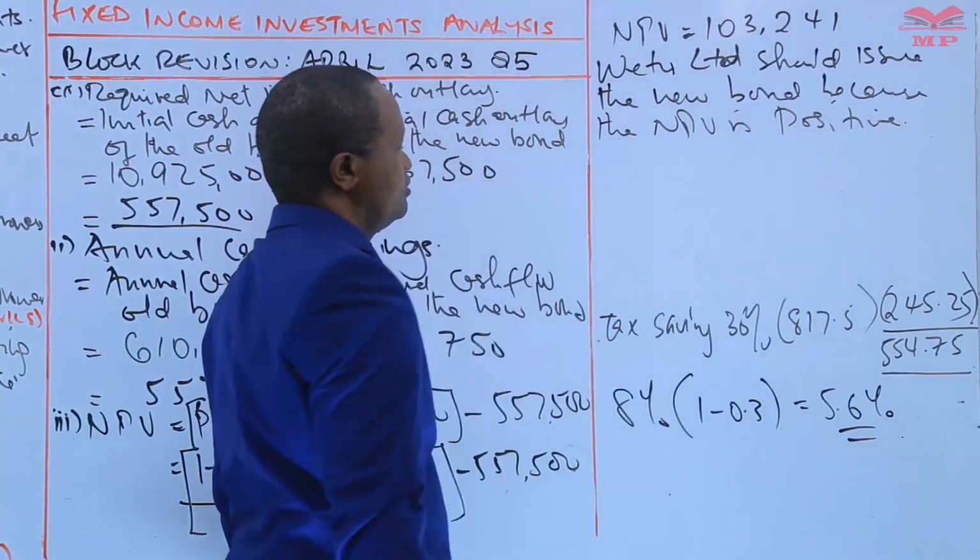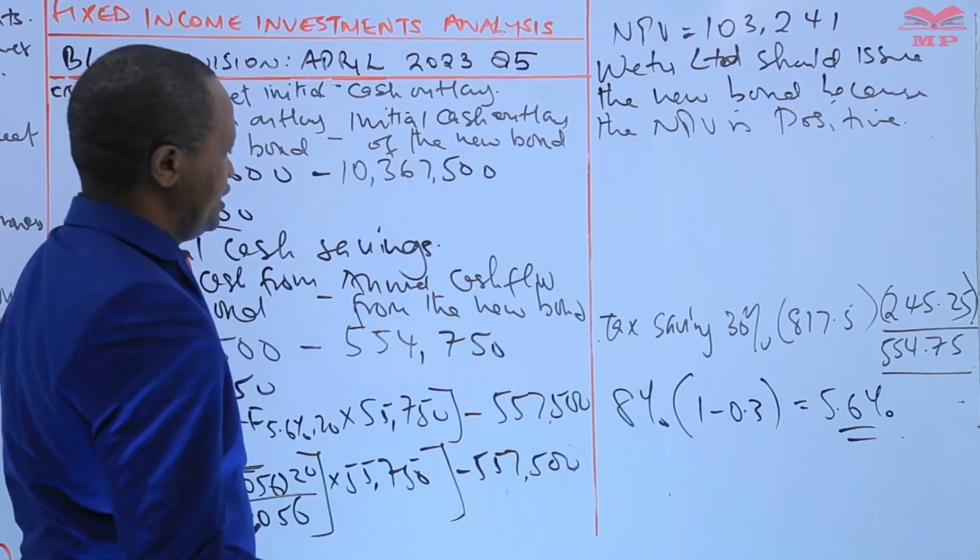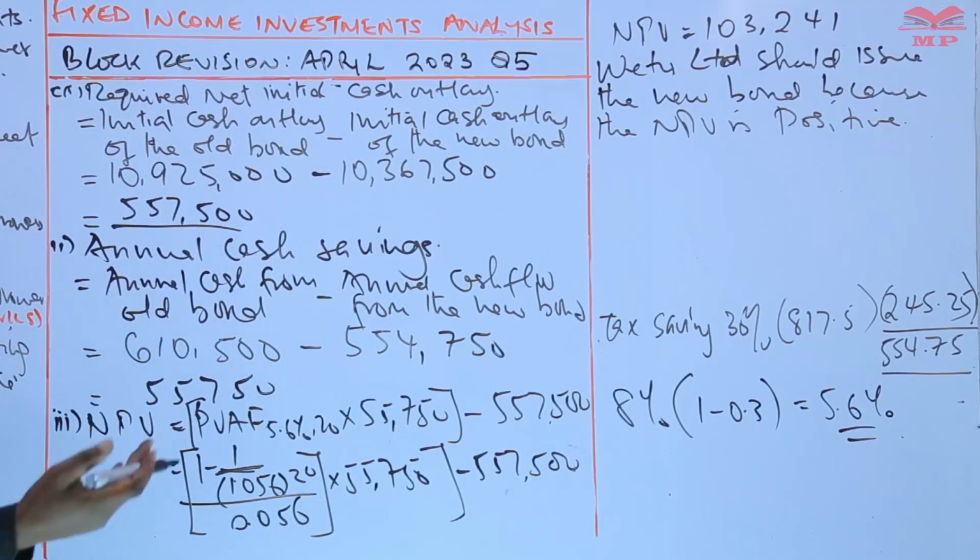We are asked to advise based on the NPV approach. If the NPV is positive, then the company should issue the new bond.